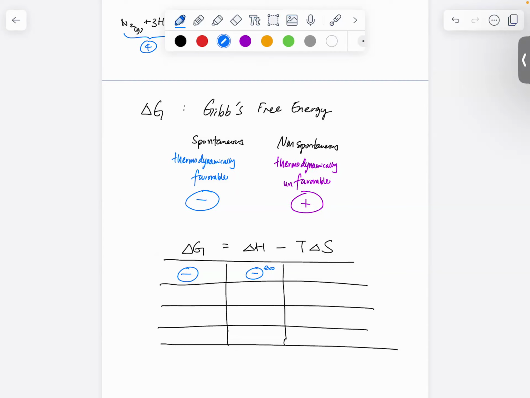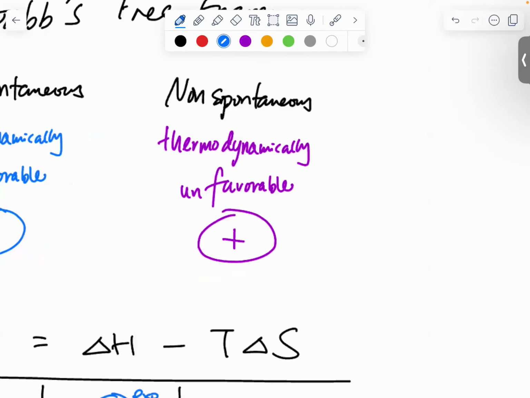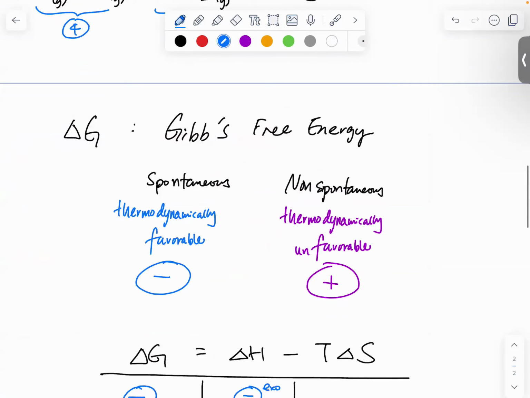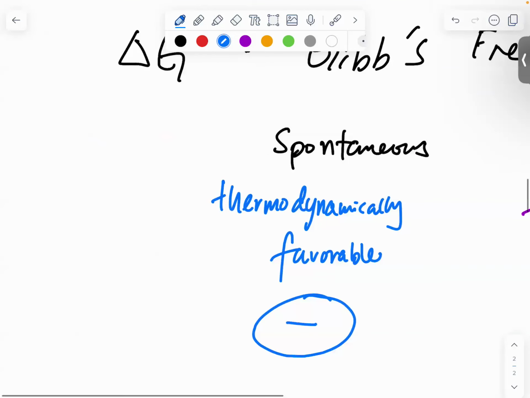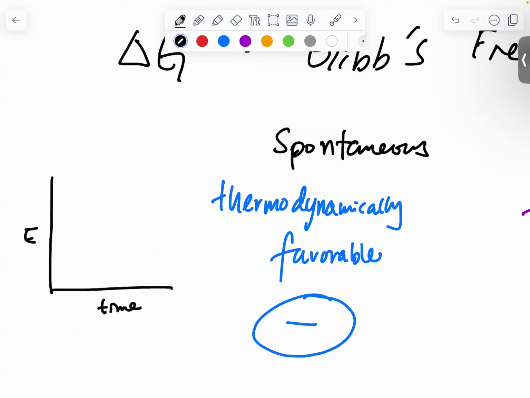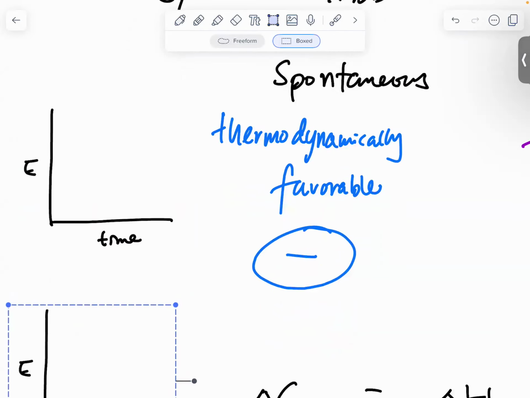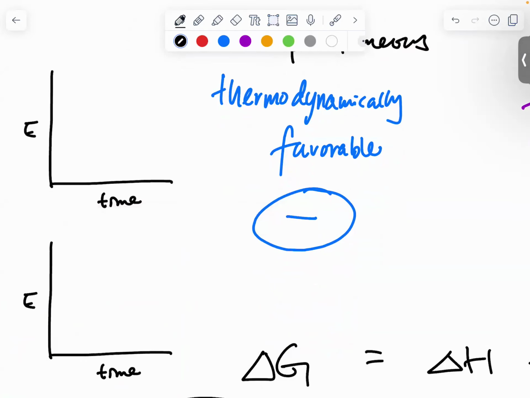But let me go ahead and explain. Exo is releasing energy, right? So it's more likely to be spontaneous. It's a likelihood. It's not guaranteed to be spontaneous, but more likely. And the reason is this. If you remember your graph for delta H, what's the difference between endothermic and exothermic reaction?